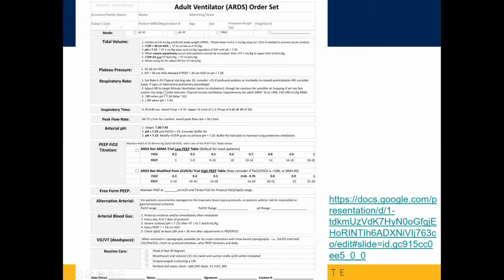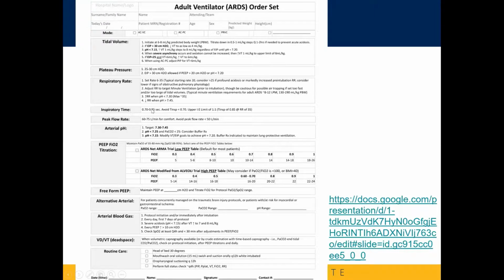And you're going to adjust your respiratory rate to try and target the minute ventilation to avoid air trapping, but to get an adequate minute ventilation to control your pH. Okay, so if your pH is less than 7.3, you're going to increase your respiratory rate. If your pH is greater than 7.45, you're going to drop your respiratory rate.